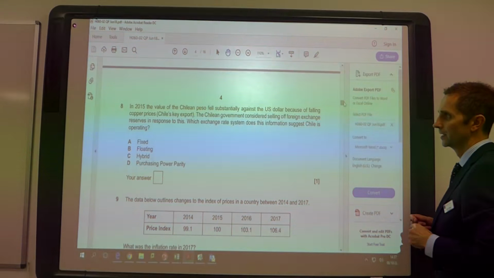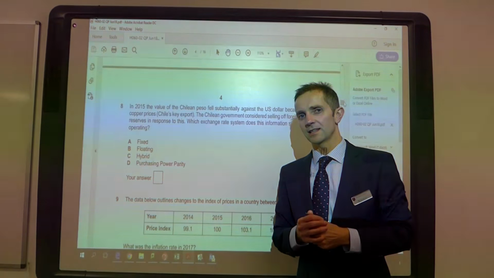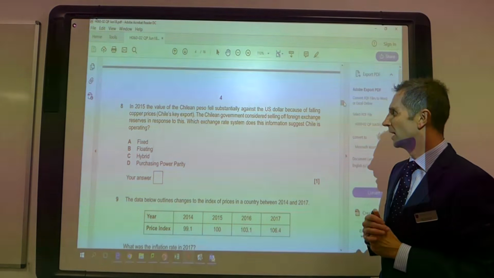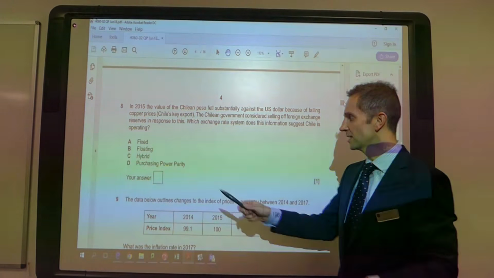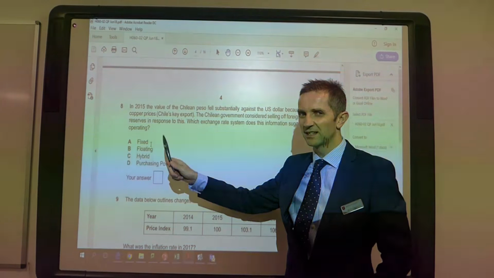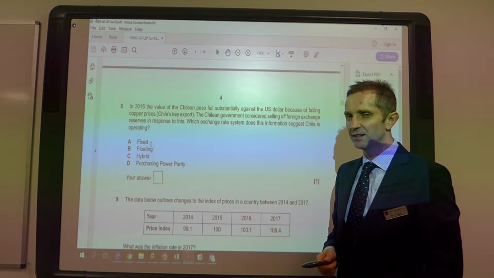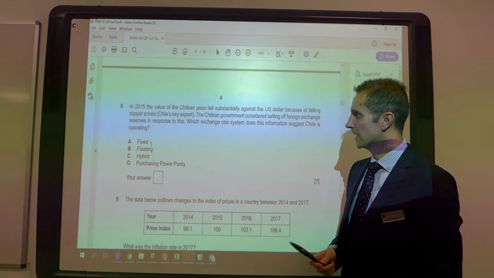Right, okay. So I think this caused a lot of problems, primarily because of the whole notion and understanding of this term fixed and the way it's used in the OCR textbook.